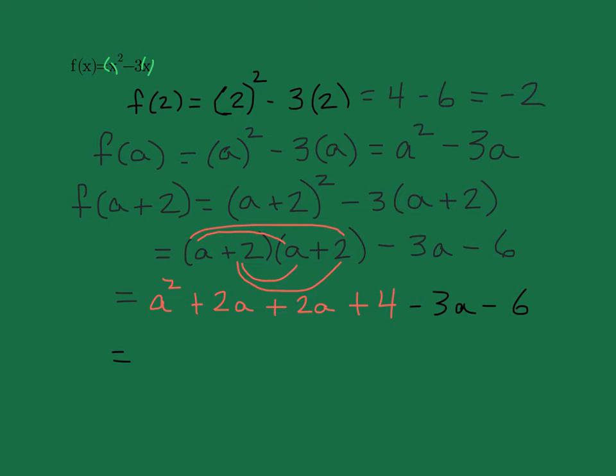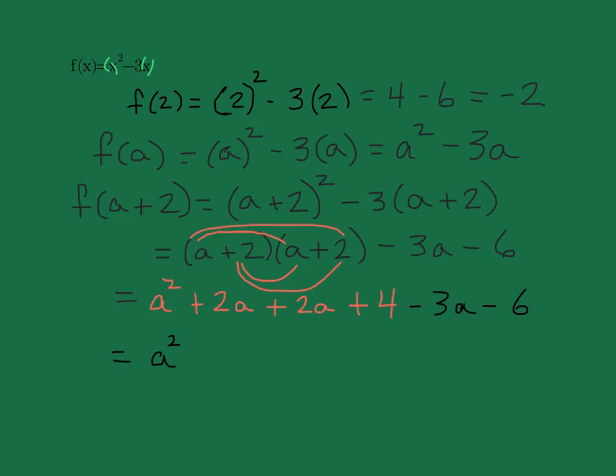So now combining our like terms, a squared, that's the only squared term that we have, because remember, like terms, the variable part, which is the variable and exponent together, must be the same in order for two terms to be alike. And in order to add or subtract terms, the terms must be like terms.